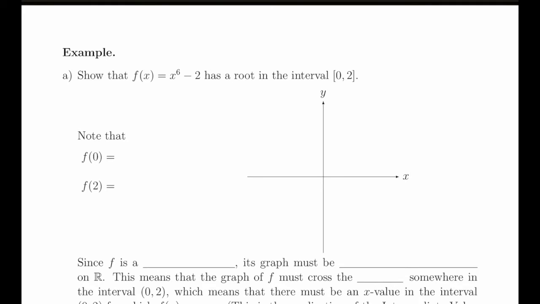So let's first figure out the y values at the endpoints here. f of 0 will be 0 to the 6 minus 2, or negative 2. And f of 2 is 2 to the 6 minus 2, which is 62. Let's plot those points. So f of 0 is negative 2, means it goes through, let's say, around here. And f of 2 is 62. We'll not do this to scale, but let's say this is 62, so it goes through here.